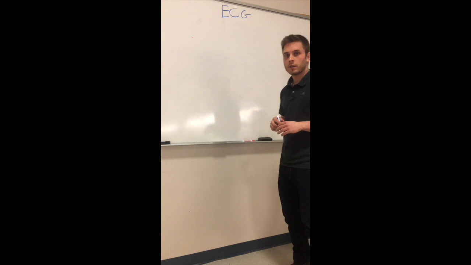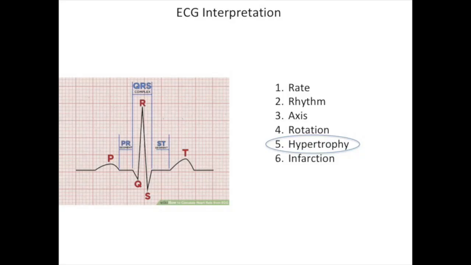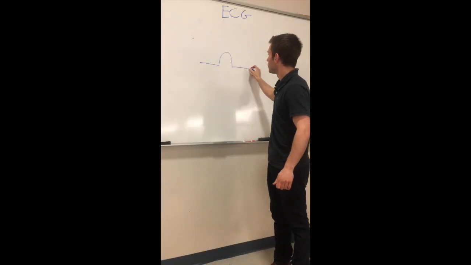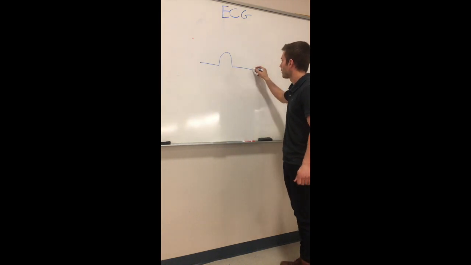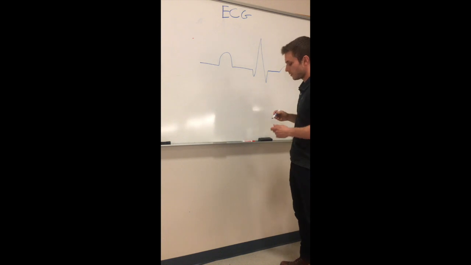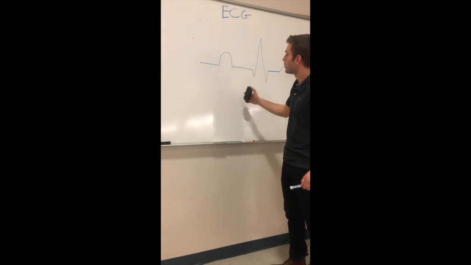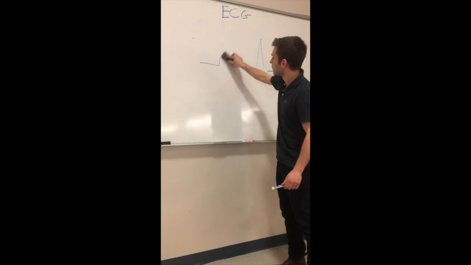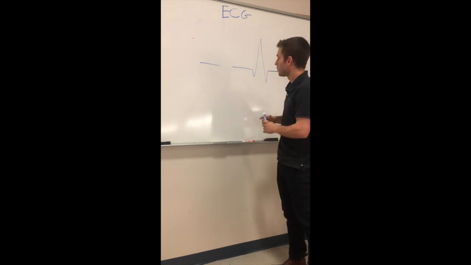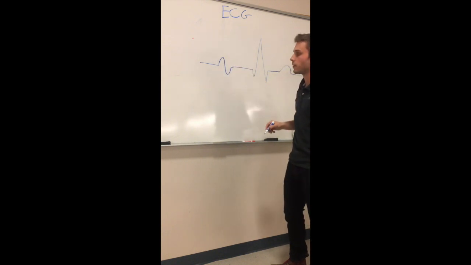All right, so for the next aspect of interpreting the ECG trace, we'll be looking at hypertrophy. So atrial hypertrophy, when you look at that, you want to look at the P wave. Normally your P wave looks like that, and then it's followed by a QRS complex and a T wave. Normally there's just one hump, but in a situation of atrial hypertrophy, you might see that there's now this biphasic P wave.